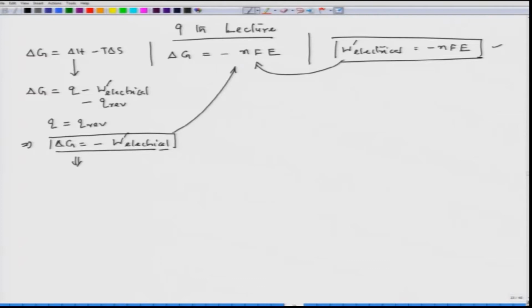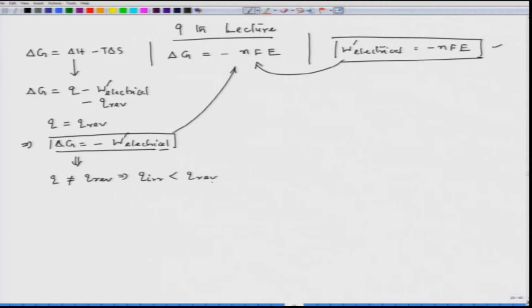Now, whether this is a maximum work or not, we can also prove from this relation. Let us say it is an irreversible process. Then Q irreversible is not equal to Q reversible, and also we can see that Q irreversible is less than Q reversible.